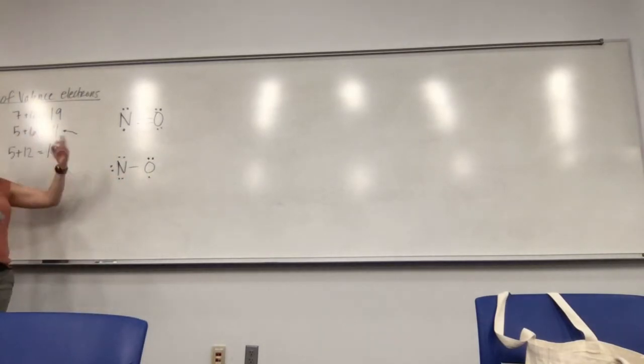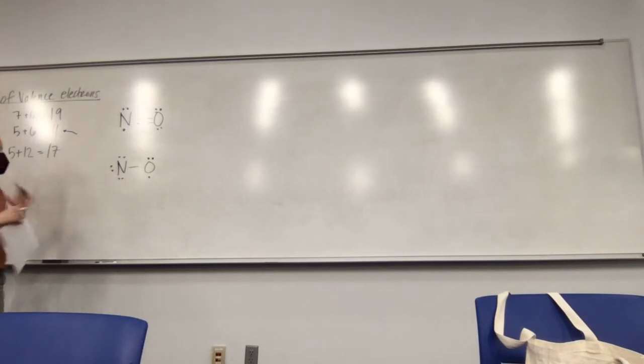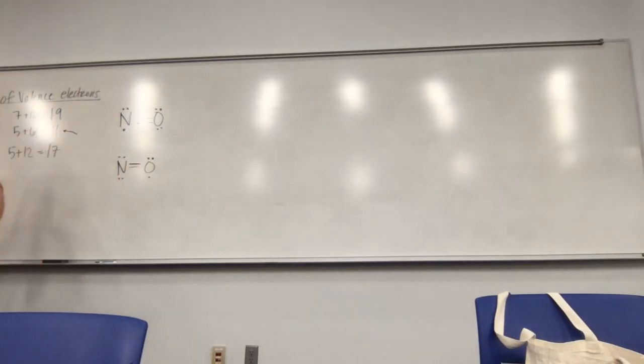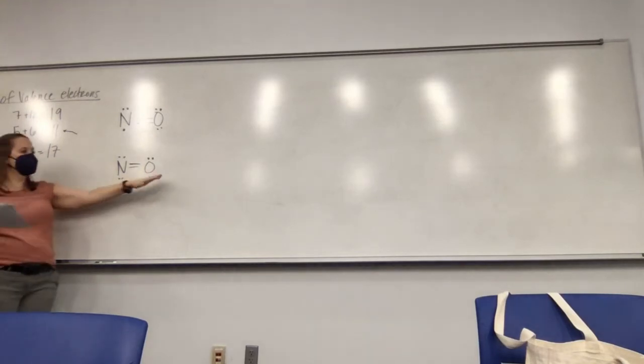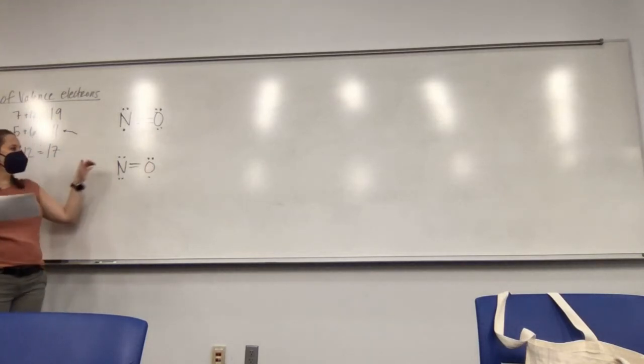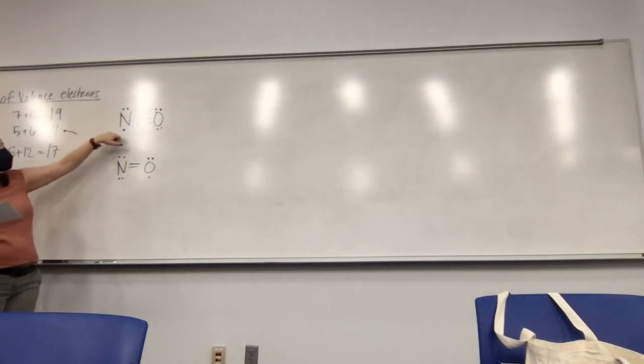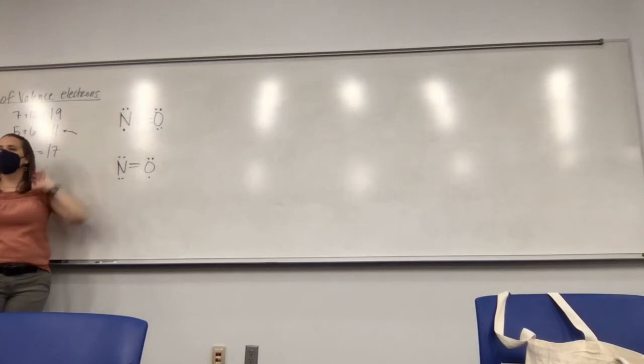And so again, we are going to try to make octet by doing this. Now, this breaks a lot of rules. But in this case, when you violate octet by having an odd number, you still want to be close to 8. If you had left it apart, basically the previous structure, it would have been 5 electrons around nitrogen or oxygen. This gives you 7 and 8, which is better.